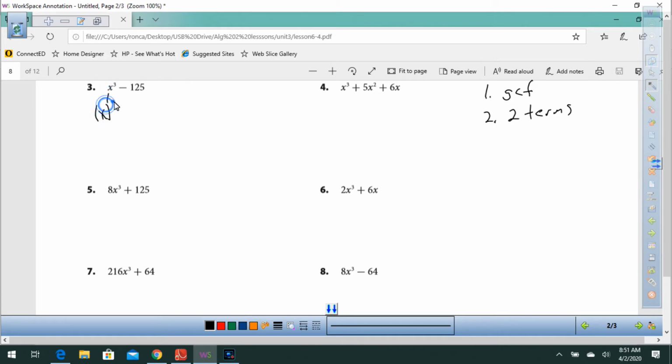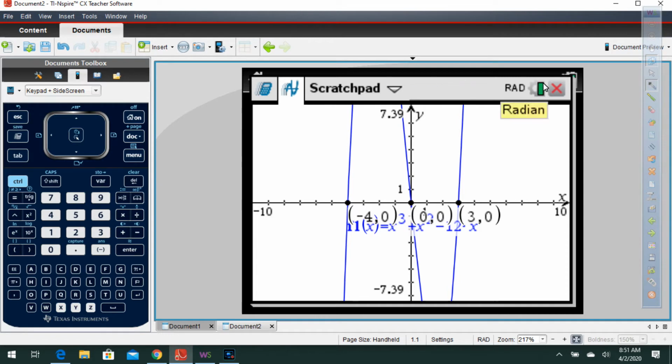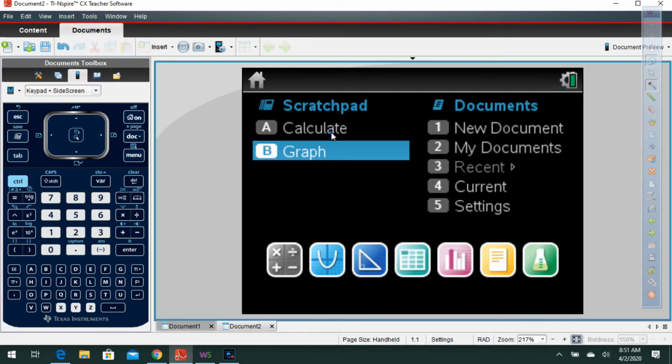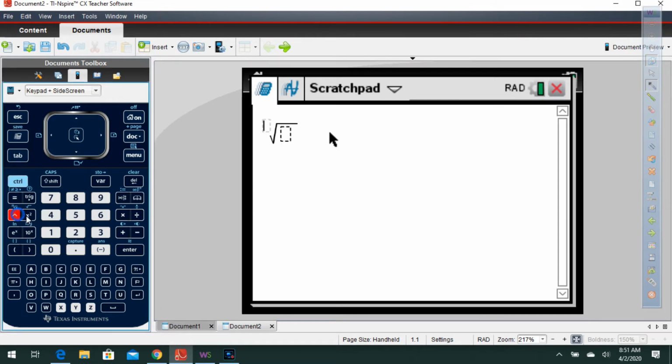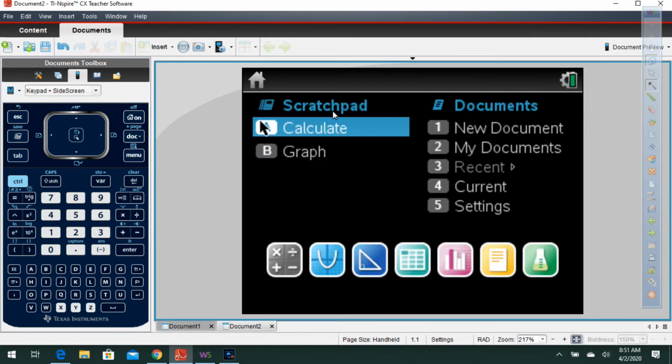That is a perfect cube. What about this 125? That happens to be a perfect cube as well. It's the cube of 5.